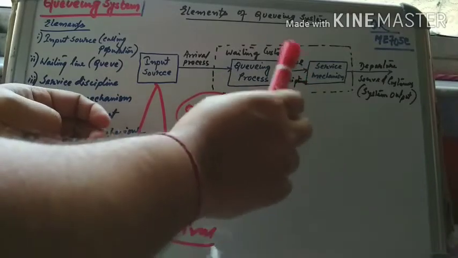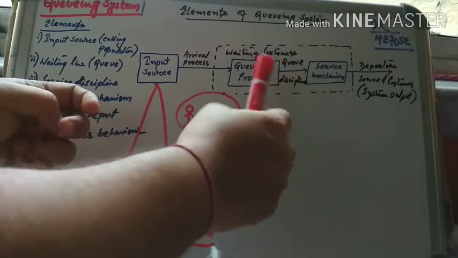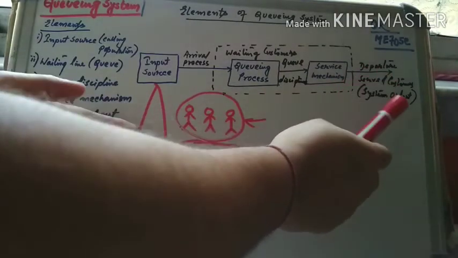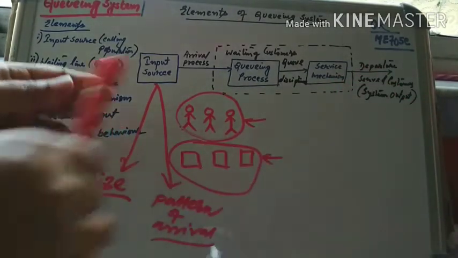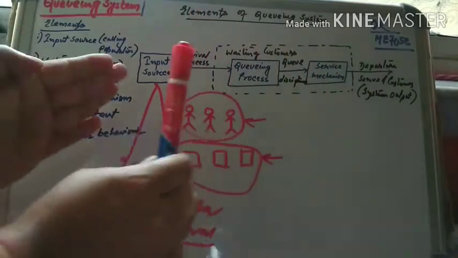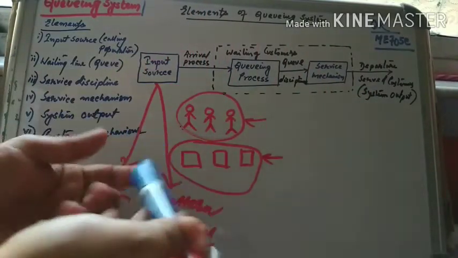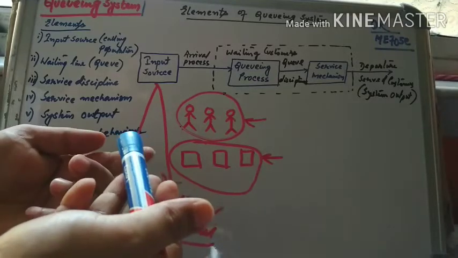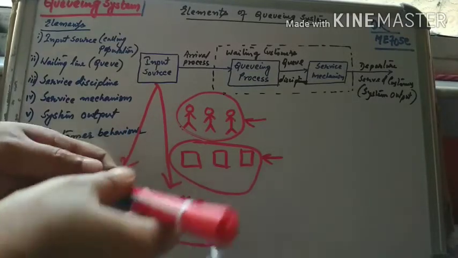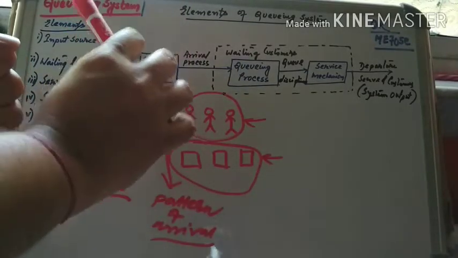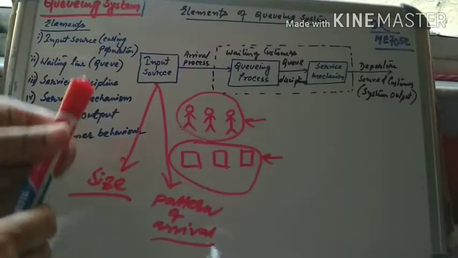Then the required service is provided by the service mechanism, after which the customer leaves the queuing system. So this is basically a typical waiting line, or queuing system. Next, let us discuss some of the various elements in relation to the queuing system.